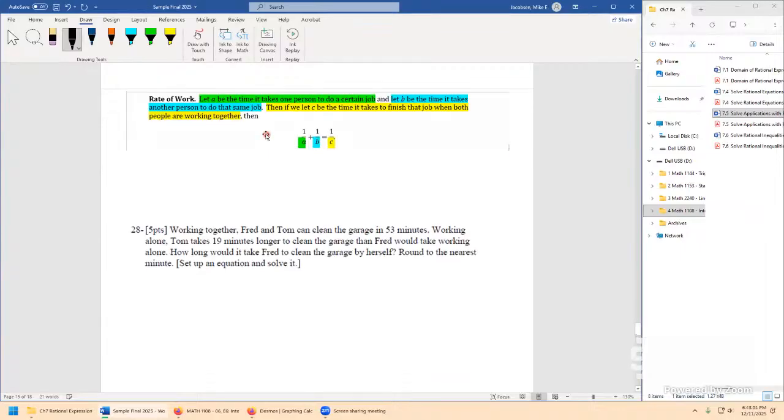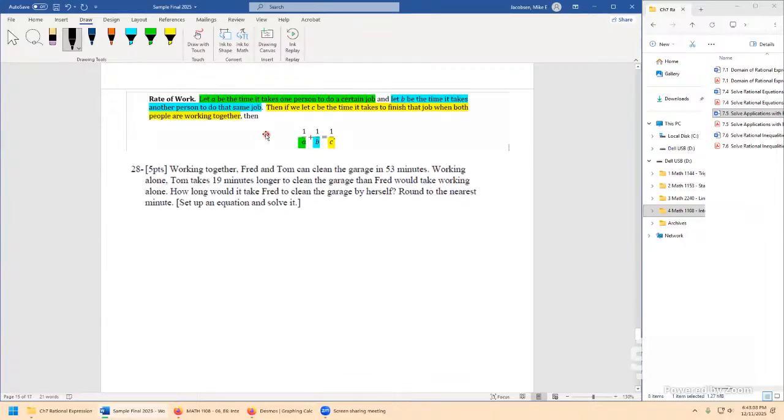But to really get through this question, the fundamental idea is that rates add together. Whether they're rates of work, rates of speed of someone riding a bicycle, driving a car, anything like that, we can have rates adding together or fighting each other.